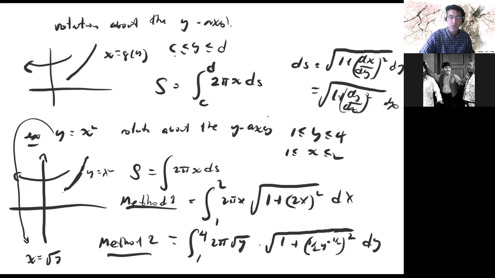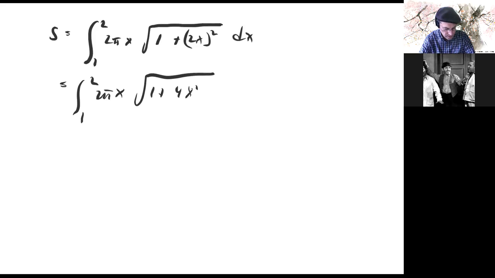Okay, so let me do method 1. What was the integral we got? The integral we got was the integral from 1 to 2 of 2 pi x times the square root of 1 plus (2x) squared dx, which is the same as the integral from 1 to 2 of 2 pi x square root of 1 plus 4x squared dx.